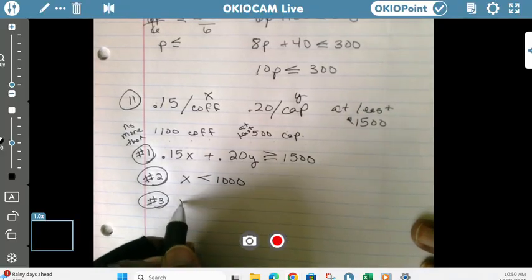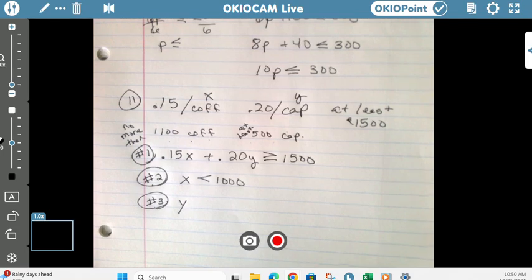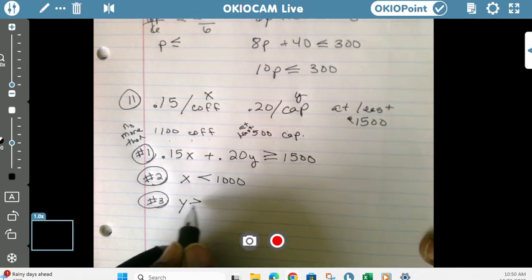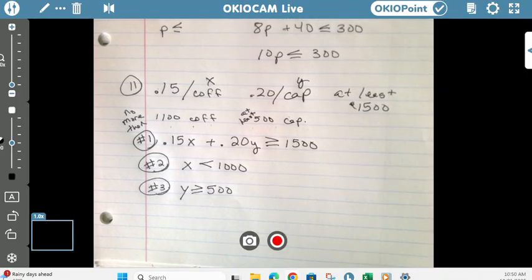Cappuccinos is y. So y, at least 500 cappuccinos, that's greater than or equal to 500. Alright, so these will be the 3 stipulations. Keep in mind that the inequality words are over on that side wall.